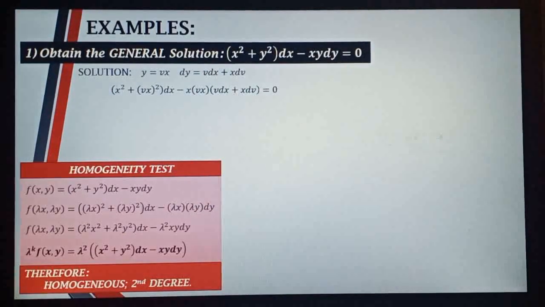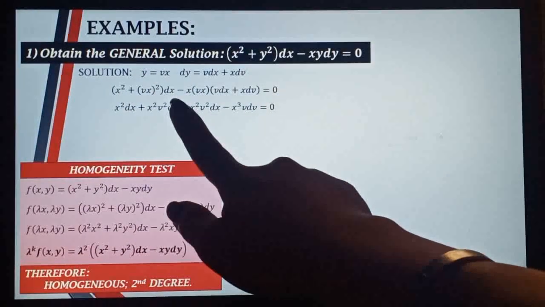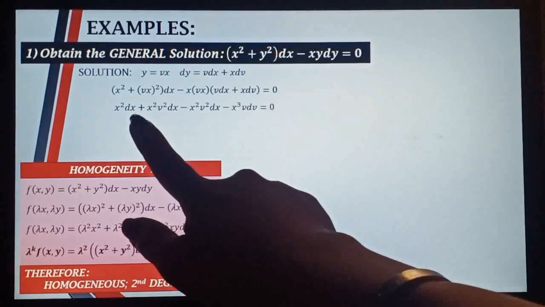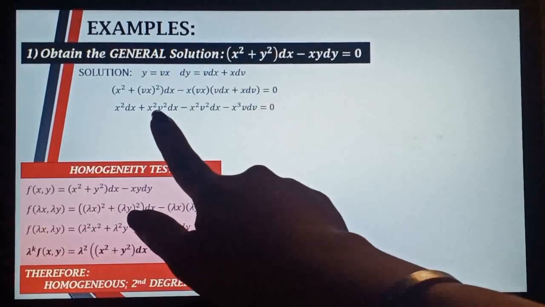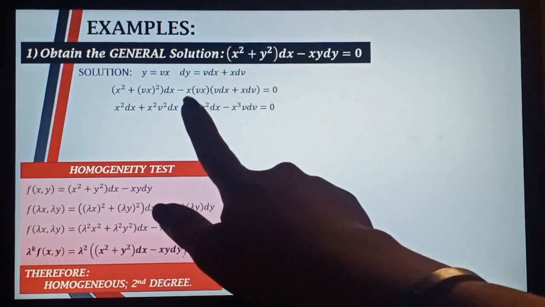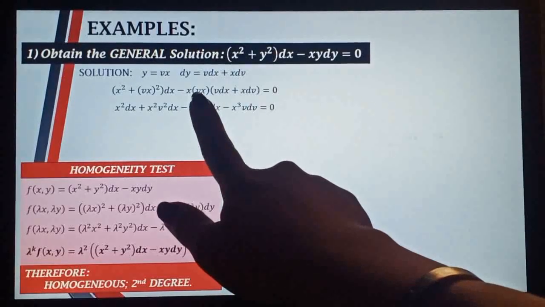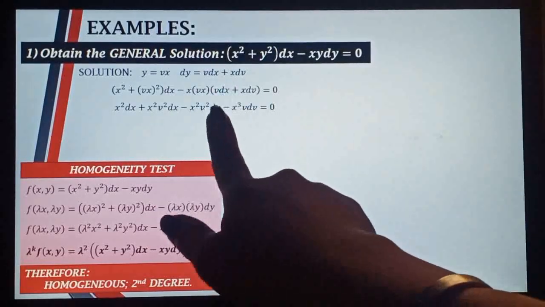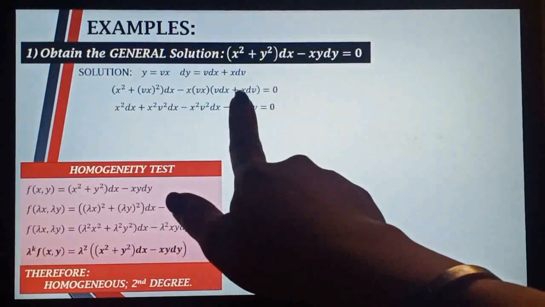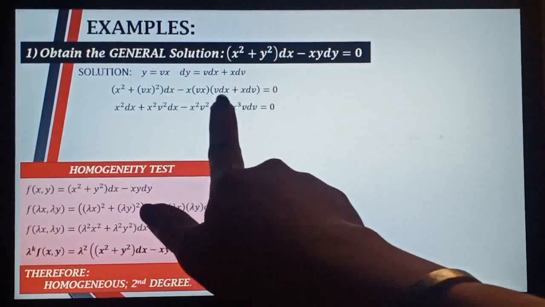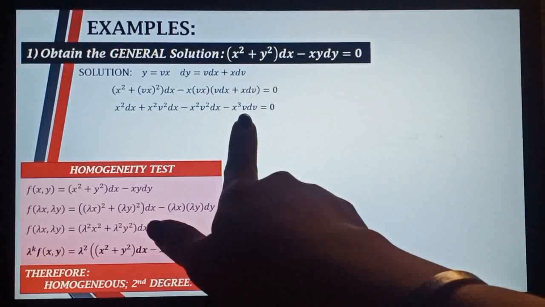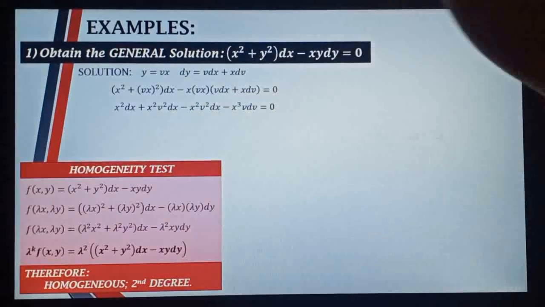Now, simplifying this equation by distributing each term, you will now have x squared dx, then v squared x squared dx minus x squared v squared dx, then minus x cubed v dv equated to 0.